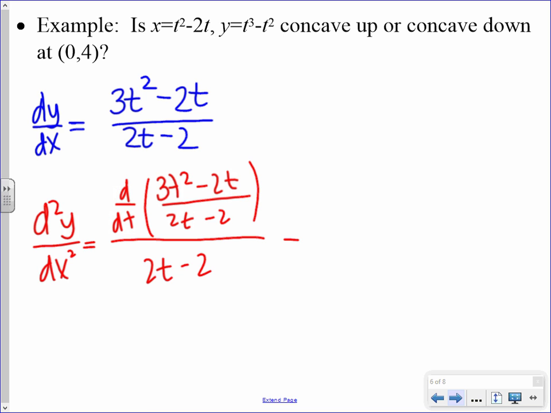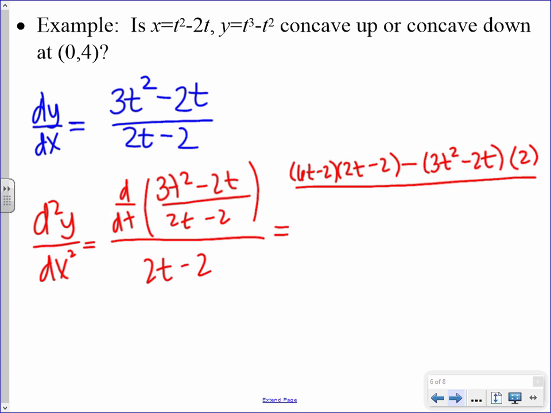Okay, well, we have a fraction, which means we get to use the quotient rule, right? So derivative of our numerator is 6t minus 2 times our denominator, minus our numerator times the derivative of our denominator, all over our denominator squared.